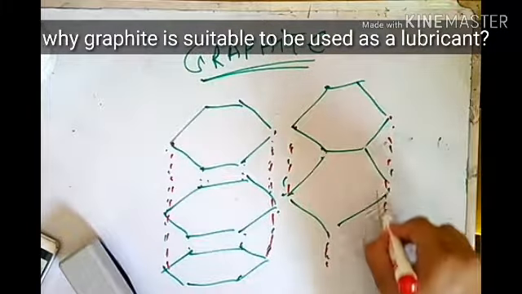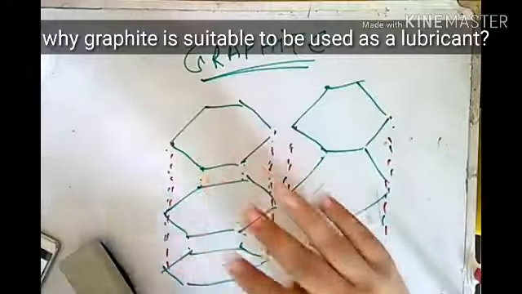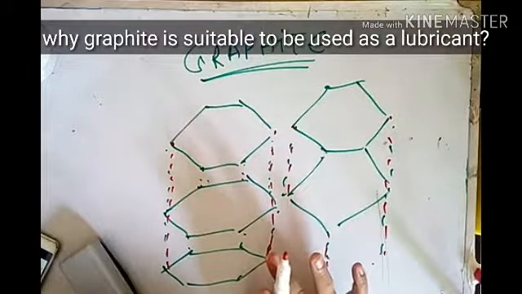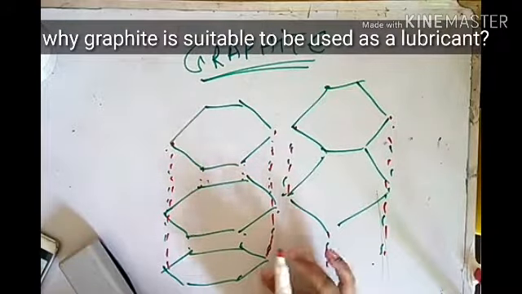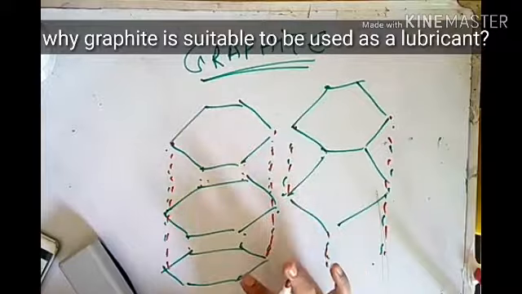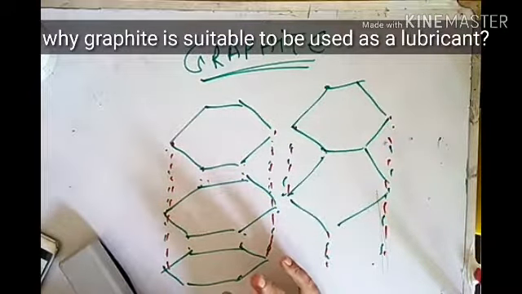So the layers are able to slide over each other. These layers of carbon atoms can slide past each other, making graphite a soft and slippery substance. Therefore it can be used as a lubricant.